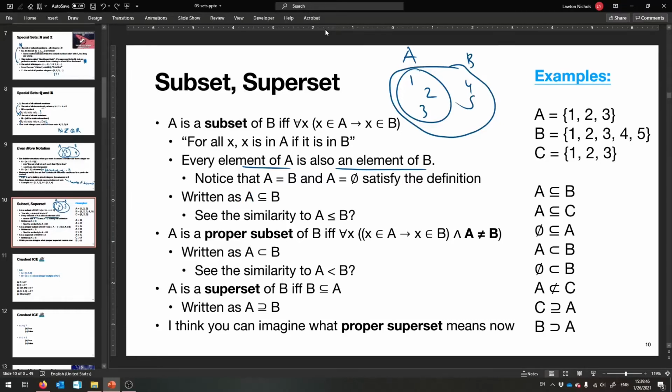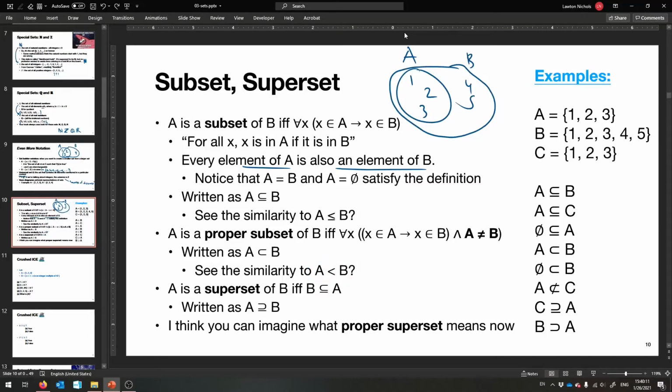But it can contain all of B because of that equality part. So that is a subset. Then you can have proper subsets, which gets a bit fancier. You just now have a side condition that you must be strictly smaller than. A cannot be equal to B now. So you write that as A proper subset of B, which is essentially the same as less than, because you can't have the equality there.